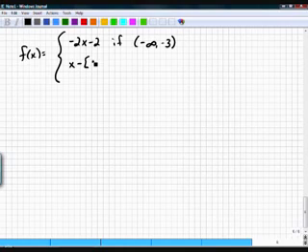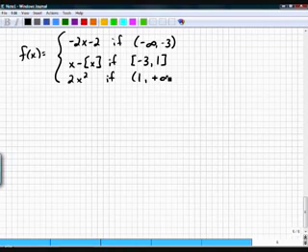Then x minus the floor function of x if we're between -3 and 1, including both. And 2x squared if we're from 1 to infinity. This is going to be a pretty ugly graph. It's not really hard, it's just time consuming. Let's try it.